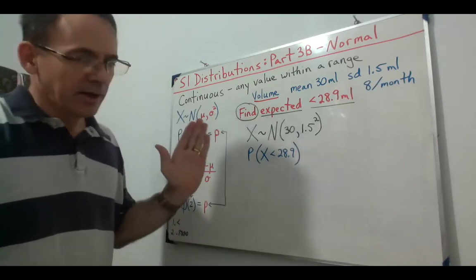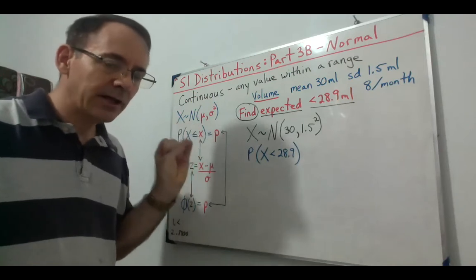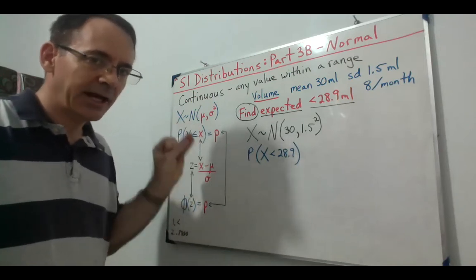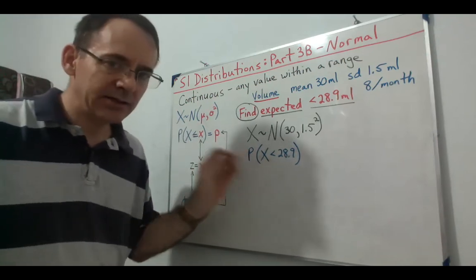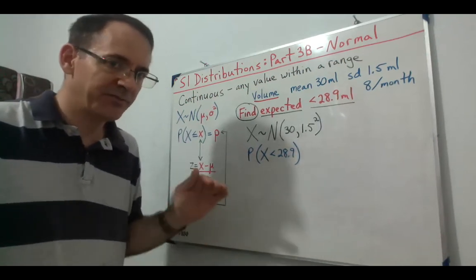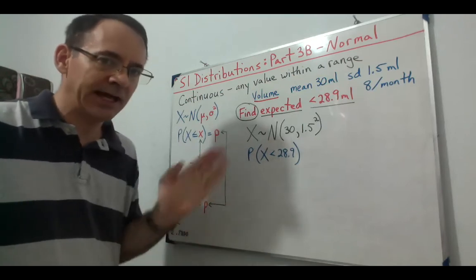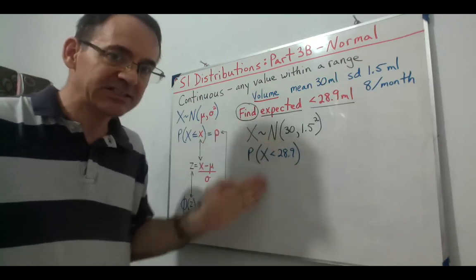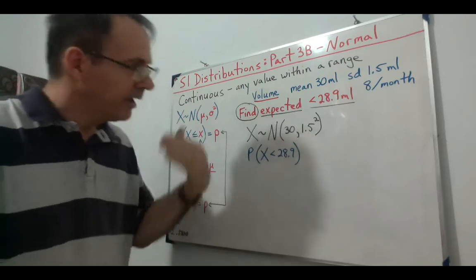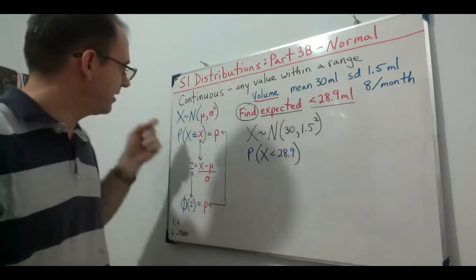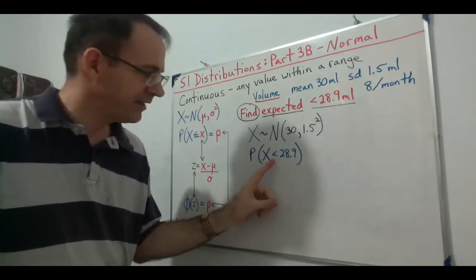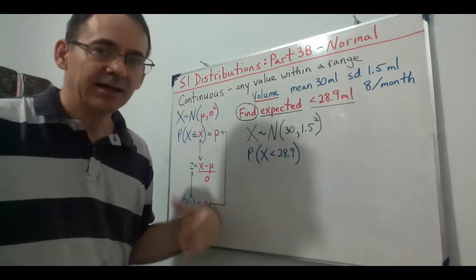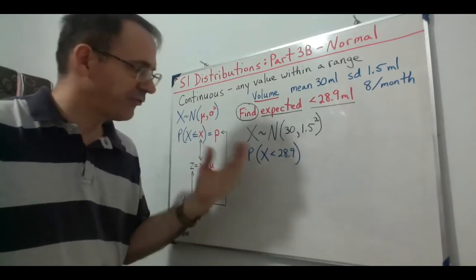Now, with binomial and geometric, because they are discrete values, the inequality was very important because if you don't have the equal to sign, you have to jump to the next discrete value. Because normal distribution is continuous, it doesn't matter whether or not you have the equal to in the question. Just follow what it says.